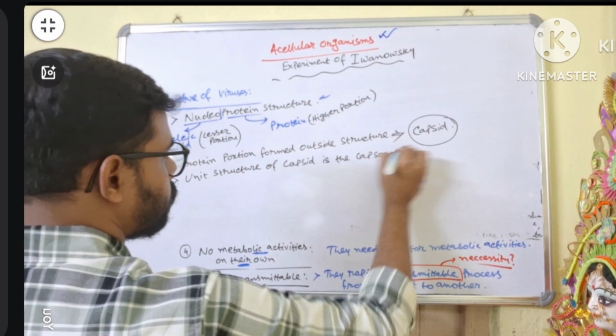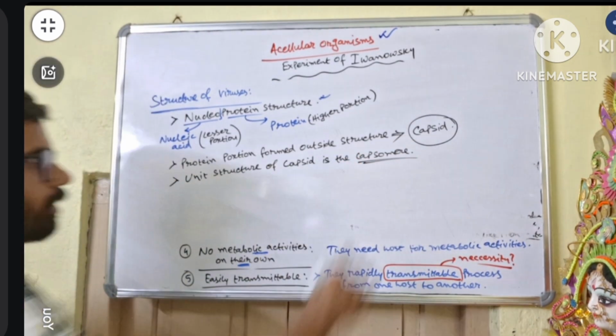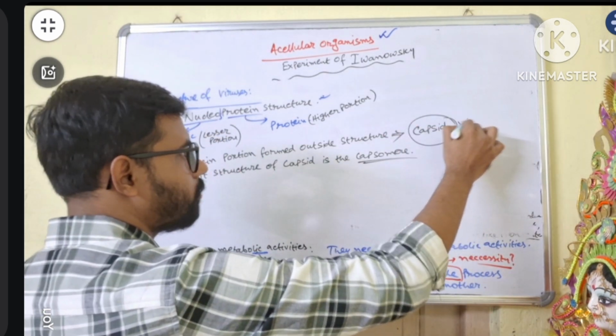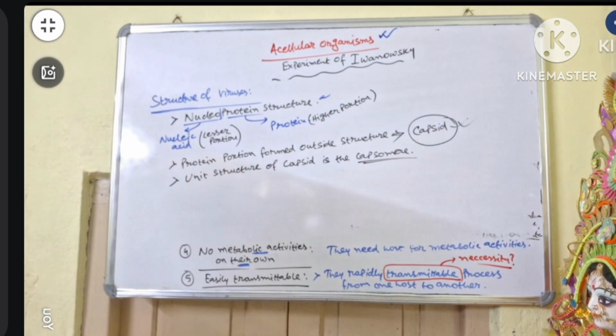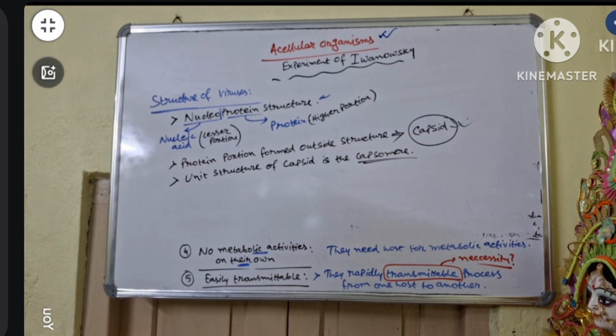The whole large structure that forms the outside is called capsid, a polymeric structure.